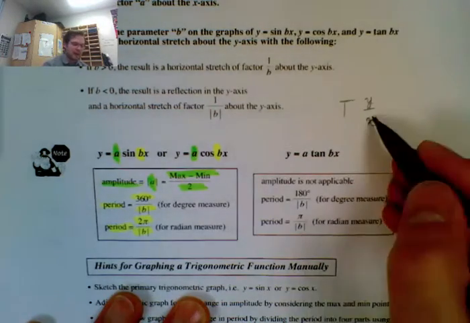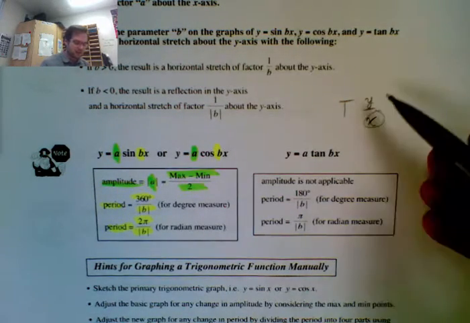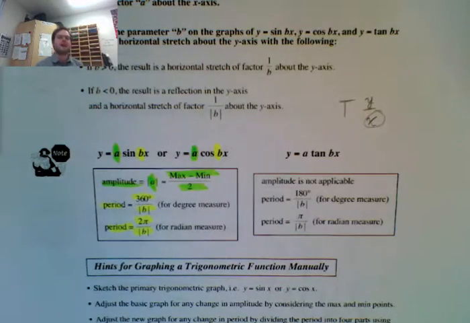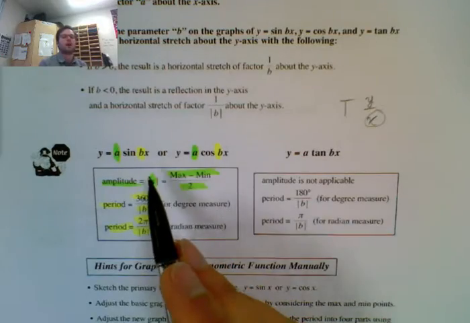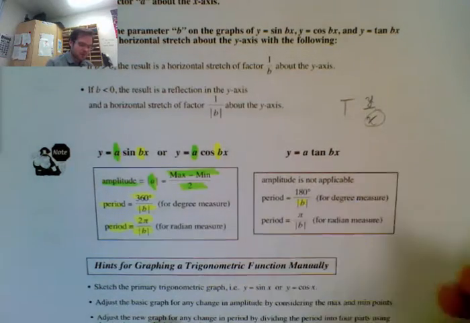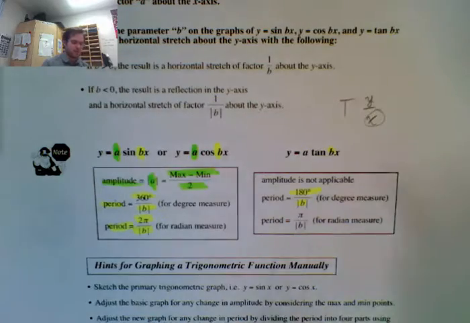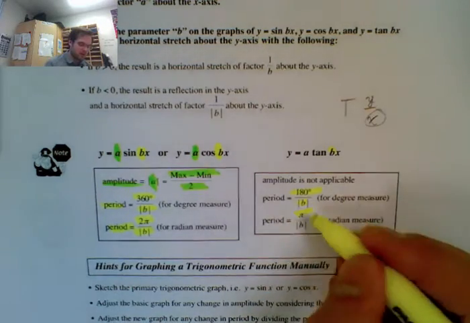Now, when x is 0, it's undefined. Our periods are actually half the size of my cosine or sine. So in this case, the period is going to be 180 divided by B, and pi divided by B.